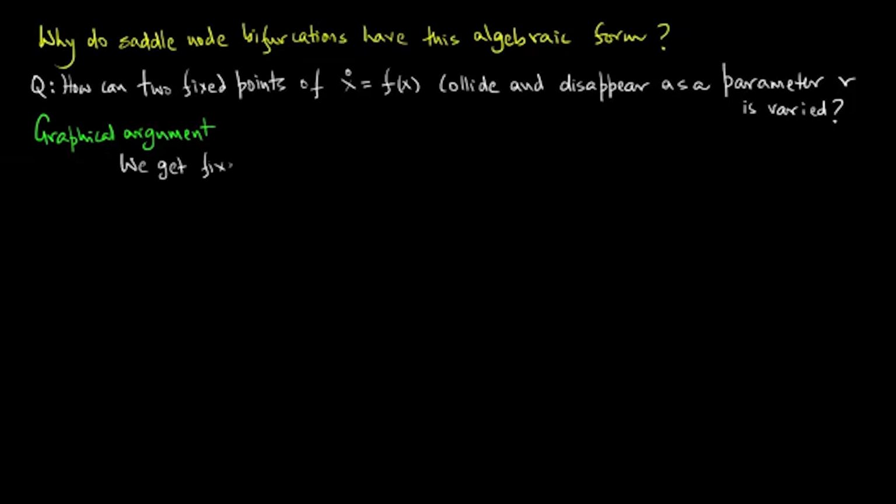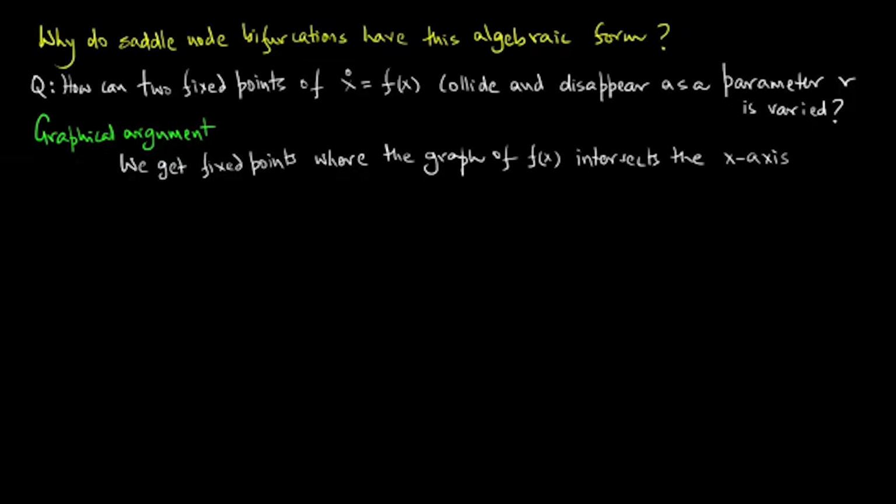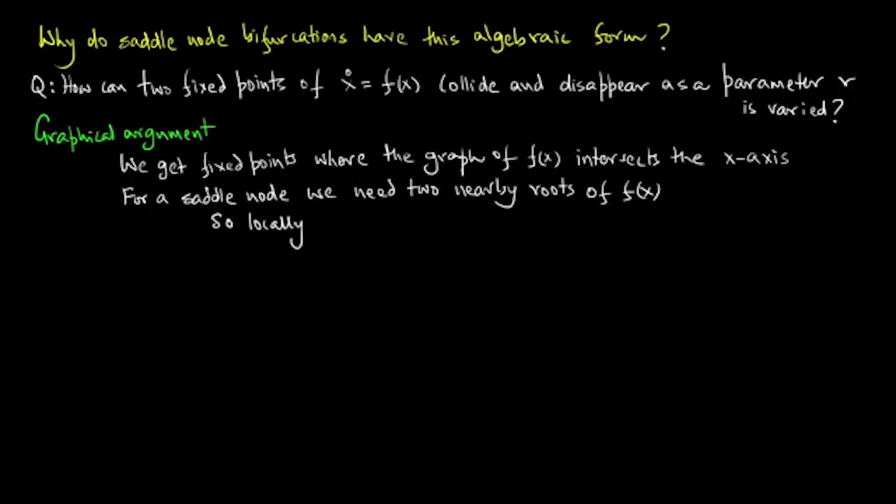Now we get fixed points where the graph of f of x intersects the x-axis, and for a saddle node we need two nearby roots of f of x, so locally f of x should be parabolic.